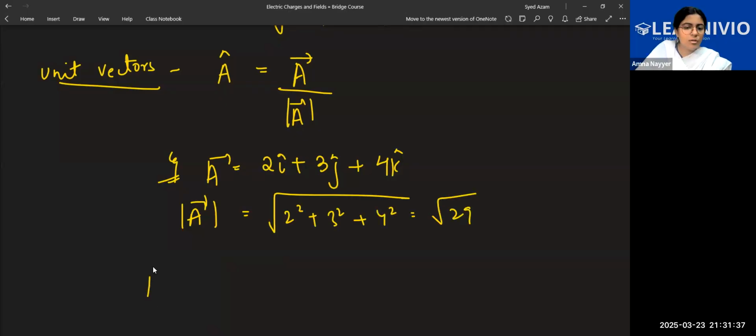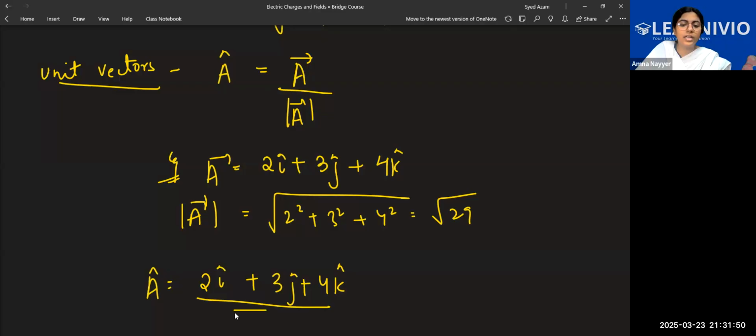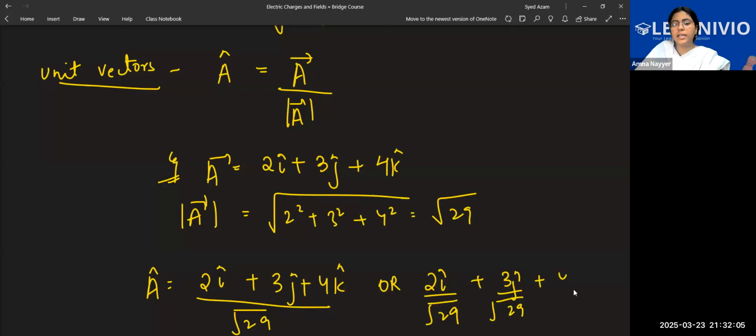So to make the unit vector, I'll take this vector as it is, 2i cap plus 3j cap plus 4k cap, and divide it by the magnitude of a, that is root 29. I can keep this answer like this, or you can separate it like 2i cap by root 29 plus 3j cap by root 29 plus 4k cap by root 29.